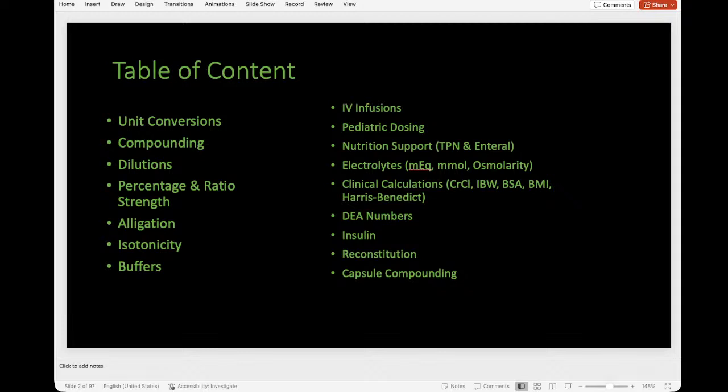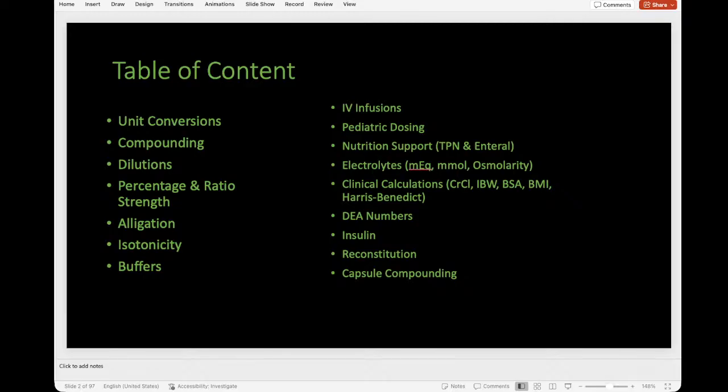Isotonicity, to figure out how to make the drug similar to the osmotic pressure. So you'll see all that as well. And the pH and pKa, Henderson-Hasselbalch equation when it comes to the buffers section of this pharmacy calculations course.